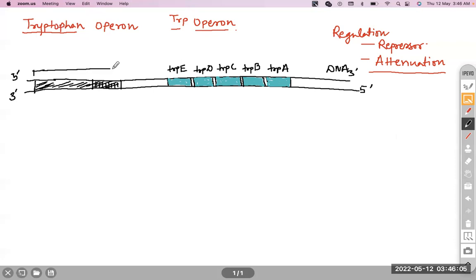This region is called promoter, where RNA polymerase binds. और इस promoter region के अंदर में this region is called operator, where repressor protein binds.